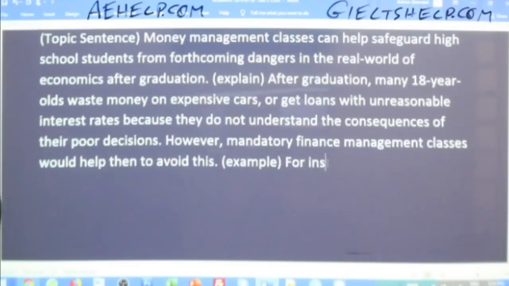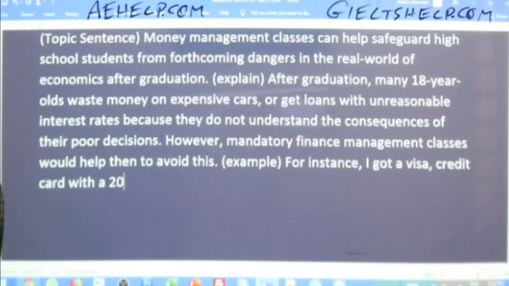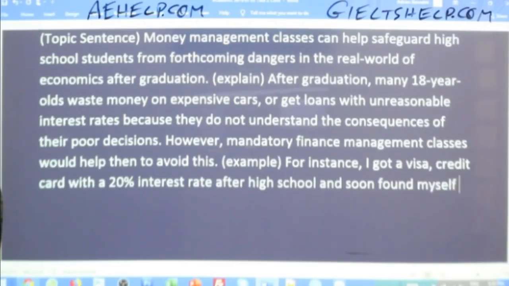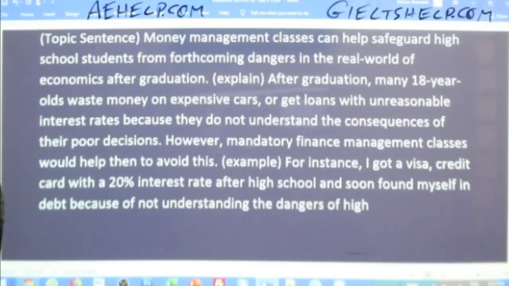So, for instance, I got a Visa credit card with a 20% interest rate after high school, and soon found myself in debt because of not understanding the dangers of high interest credit cards.